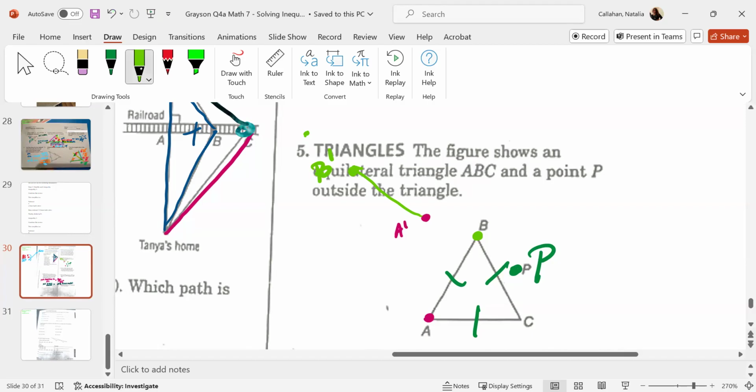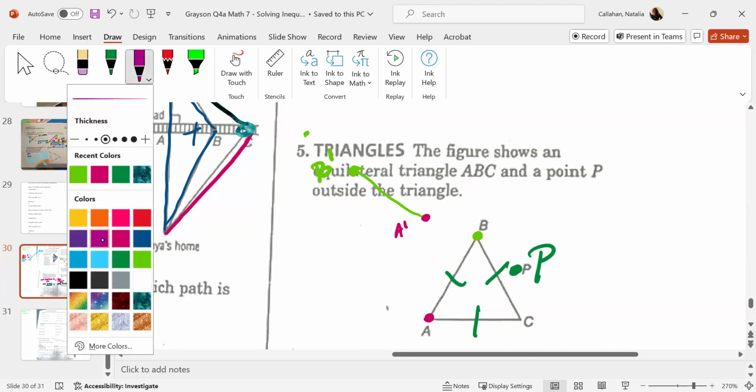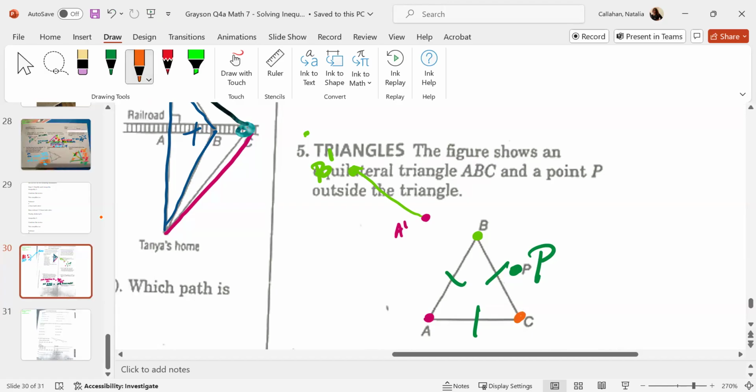Now I'm going to take a look at point C. Right there, okay? Put the dot right there. At 90 degrees, it's going to be right here. Correct? So I'm just going to put it up here somewhere. But it doesn't need to be that far. Do you see that? Okay.